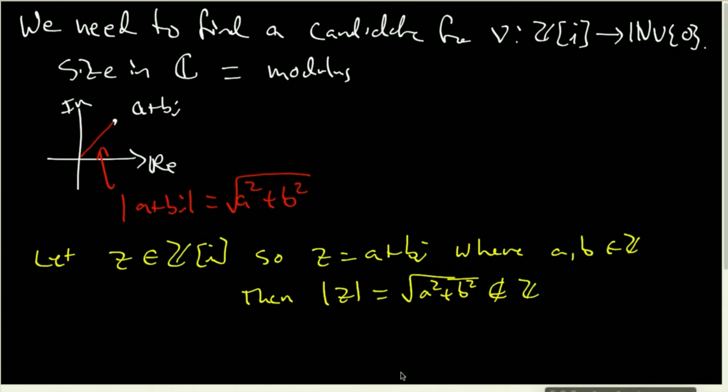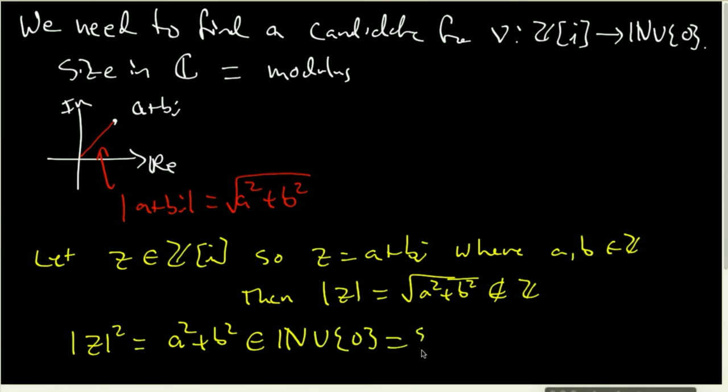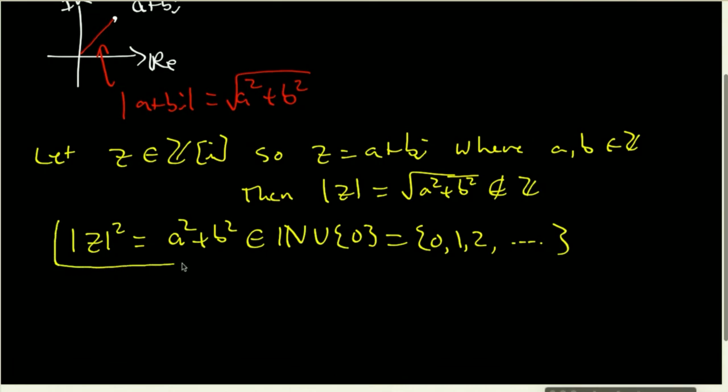And so the norm or the modulus is not going to work. But what I can think of is that if I square that norm, I'm going to get a squared plus b squared, and a squared plus b squared will be a non-negative integer. So this will be an element of the set of non-negative integers. So it turns out that this particular thing is a good candidate for our nu.